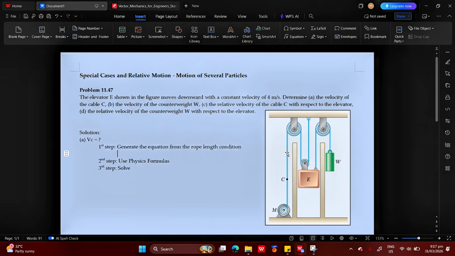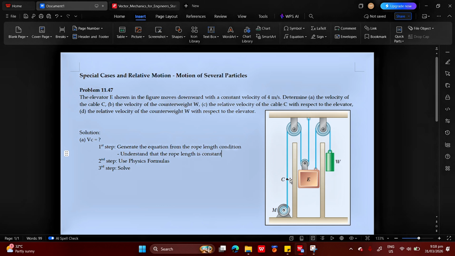In this first step, you need to understand that the rope length is constant. What does that mean? It will never change, because here we are assuming that the rope is not elastic. It's not increasing in length miraculously.